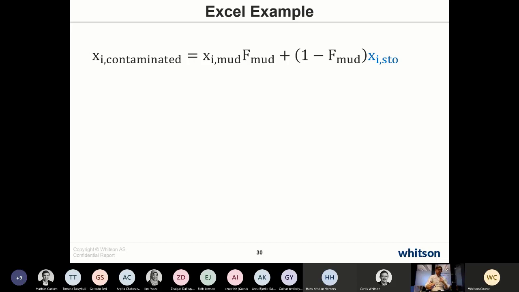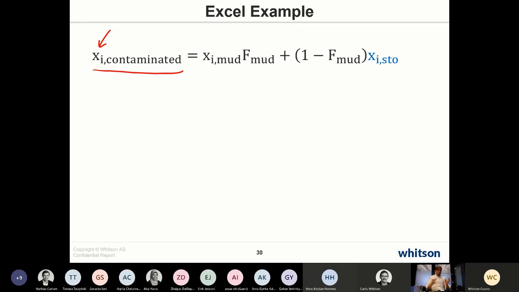But the basis is that at surface you are producing some kind of contaminated fluid composition, and mainly here we're using the symbol X, and the reason for that is that the stock tank oil or the separator oil is what actually has the components in this range from C12 to C20, where mud contamination is relevant. So that's why we use the symbol X.